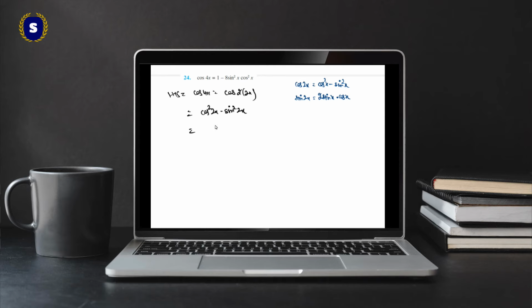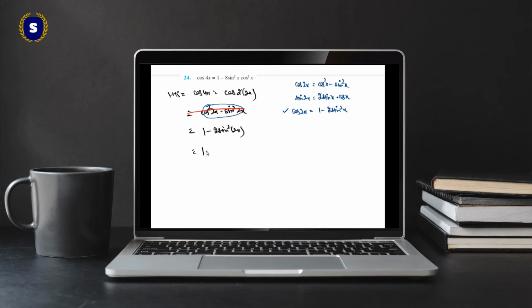Okay, a mistake here. We can use the other identity of cos 2x. It will make the question simpler. That is 1 minus 2 sine square x. So instead of using the earlier identity, I am going to use this identity. So our equation will become 1 minus 2 sine square 2x.